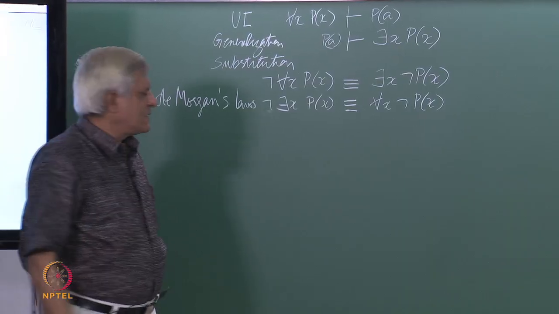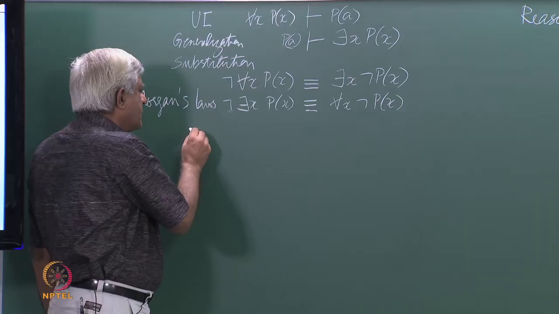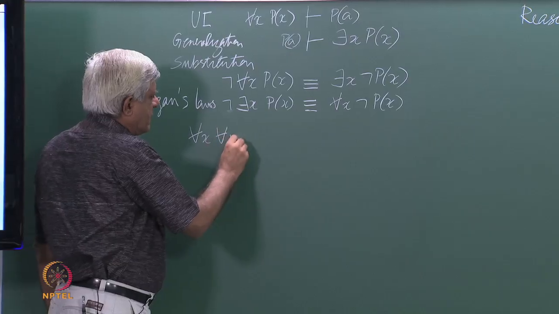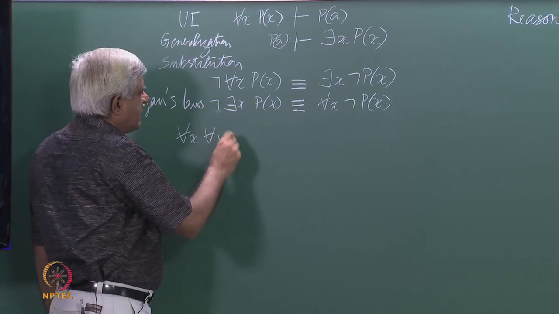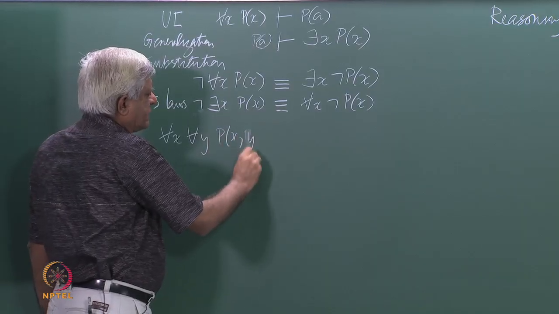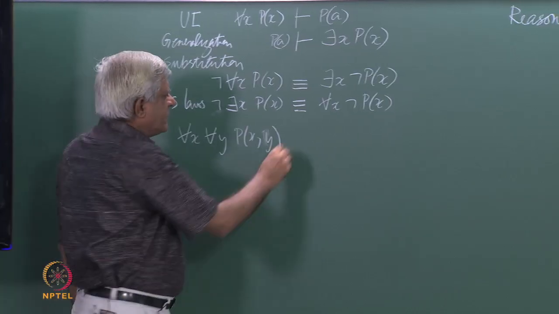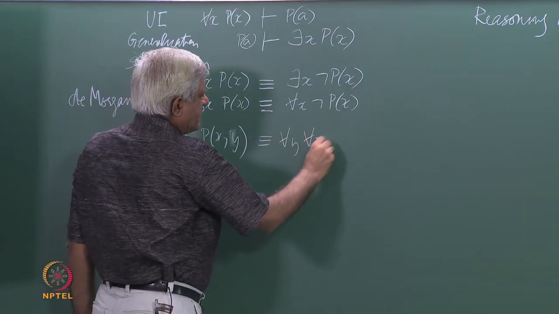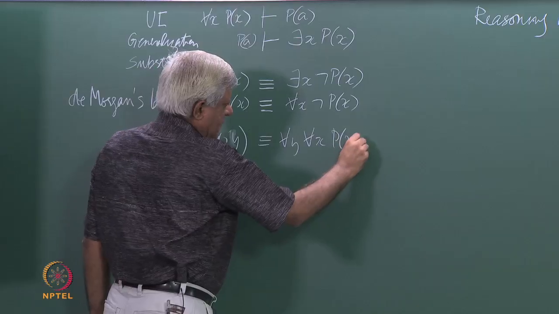Also, something which is used sometimes is that, for example, if we have for all x for all y P x y, where P is some predicate, this is equivalent to for all y for all x P x y.